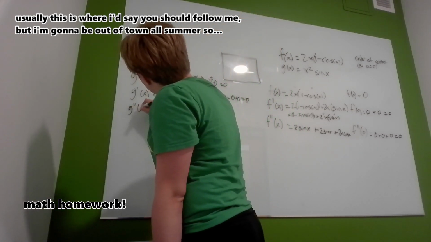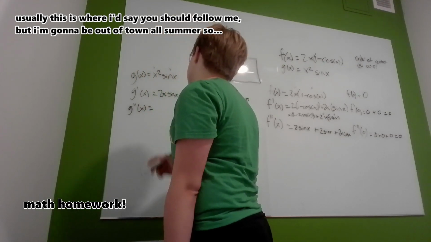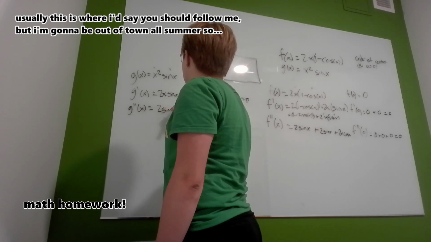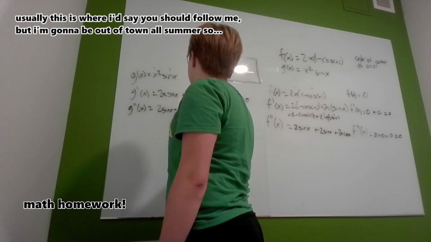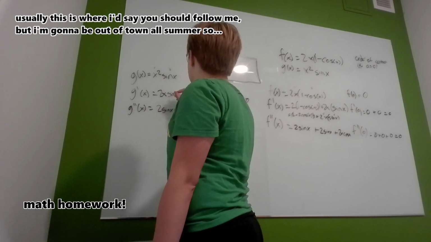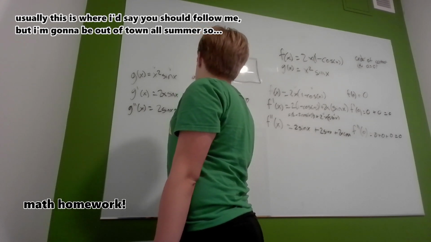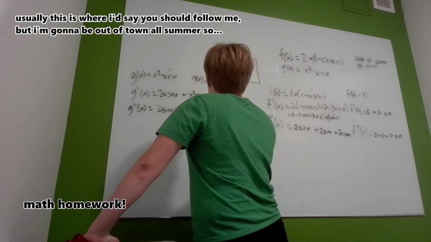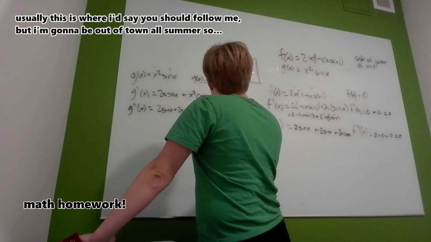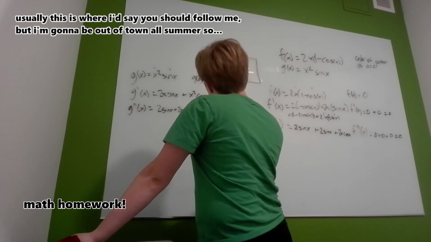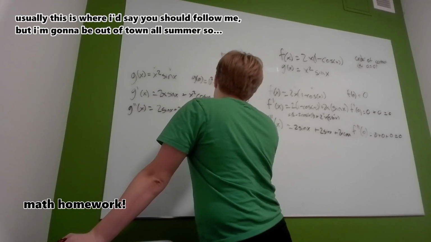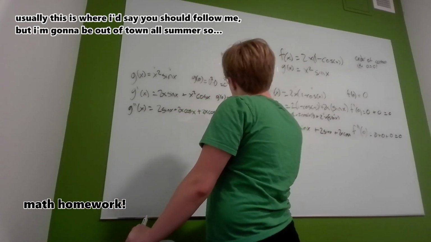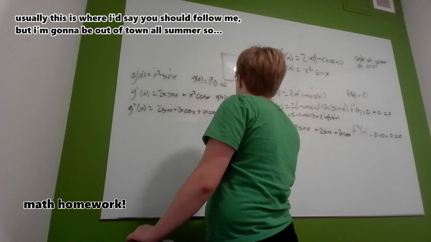g double prime x equals u prime v plus u v prime plus u prime v plus u v prime. Make this a minus.